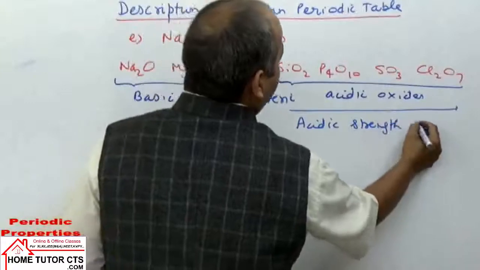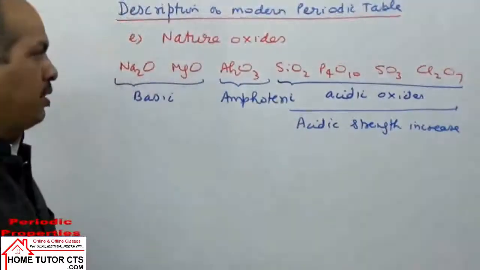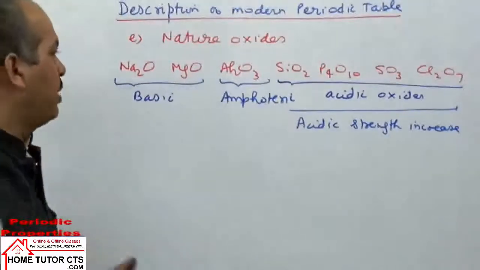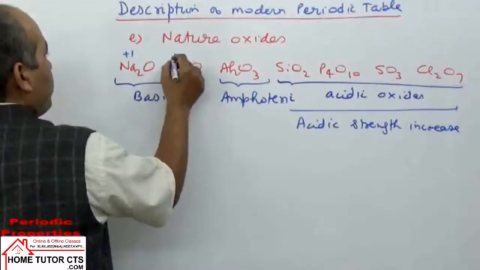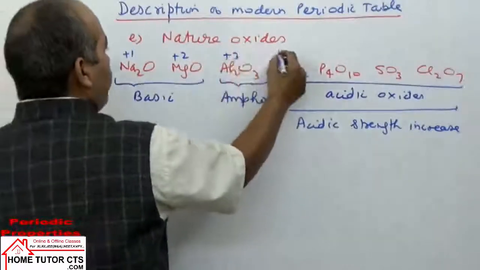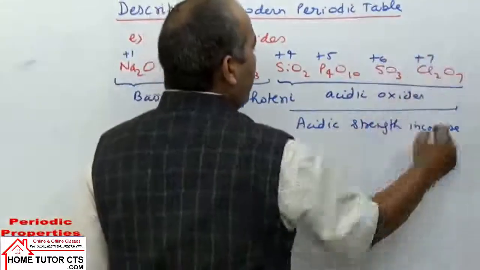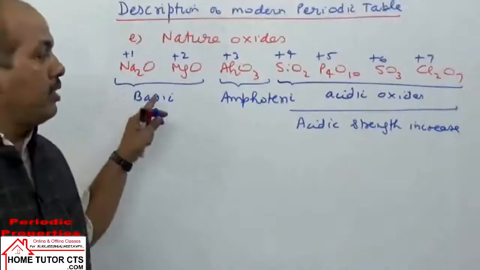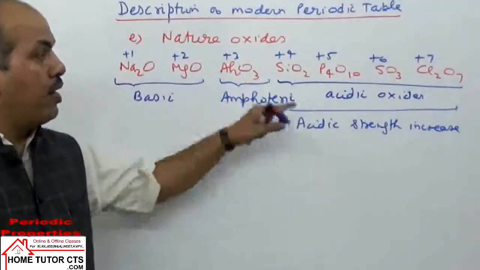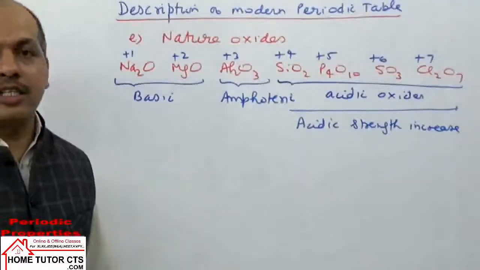Acidic strength increases depending on oxidation number, or we can take valency wise in a simplified way: sodium +1, magnesium +2, then +3, +4, +5, +6, +7 are the oxidation numbers or valencies of the elements. When the oxidation number increases, what happens to acidic strength? It increases.